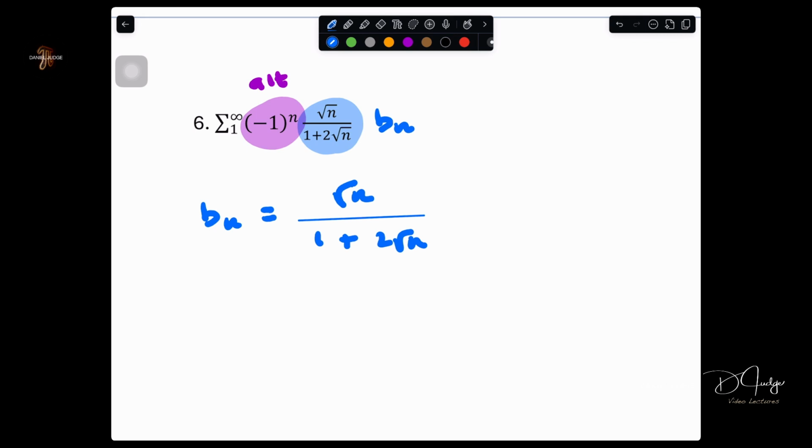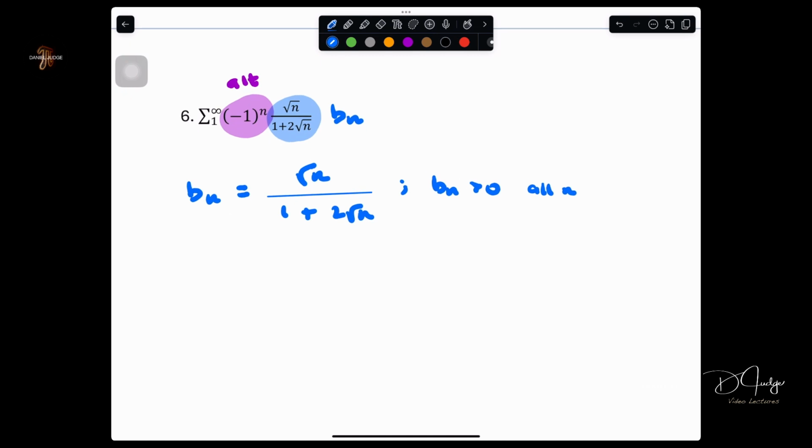What we can see is the terms are in fact positive for all n. And again, the denominator is increasing faster than the numerator. So the terms are decreasing.